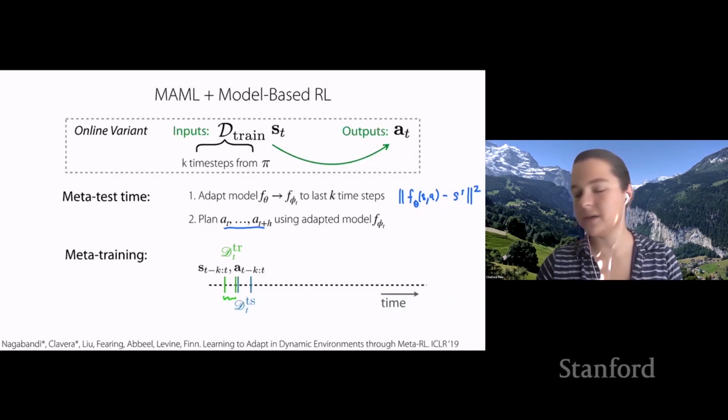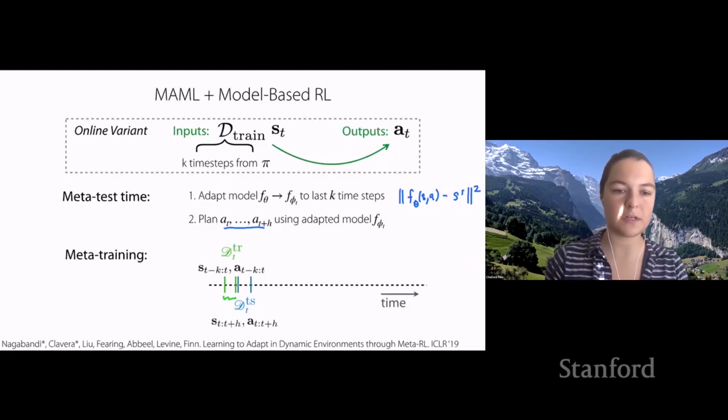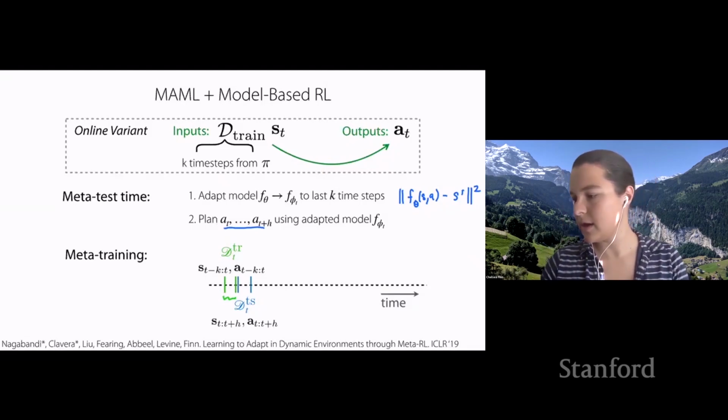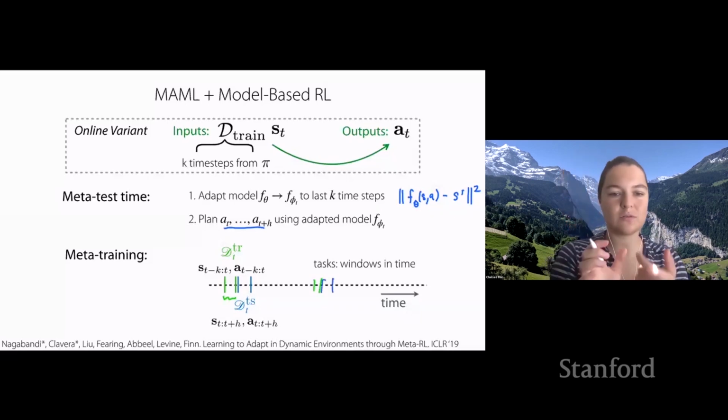And this window right here, the next h time steps, will correspond to our test set. And we can construct many different tasks by sampling a point in time and sampling these train set and test set windows.